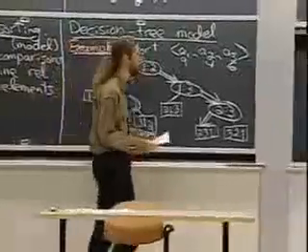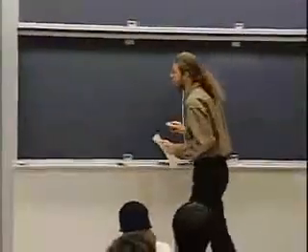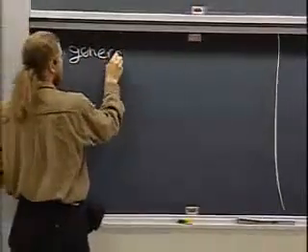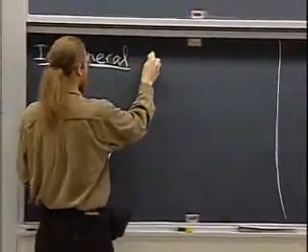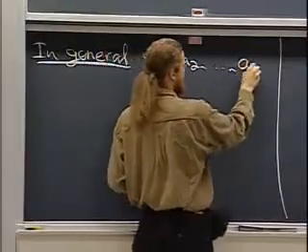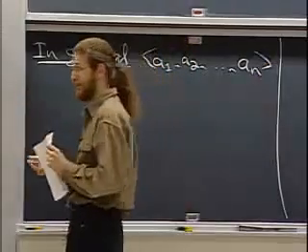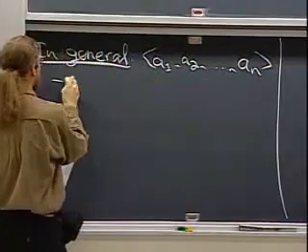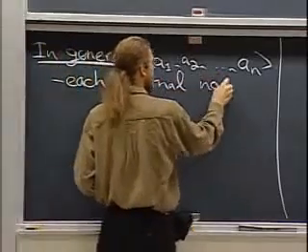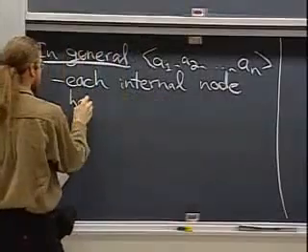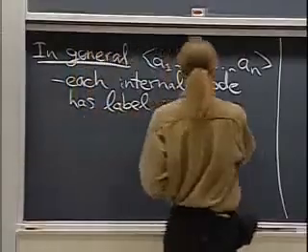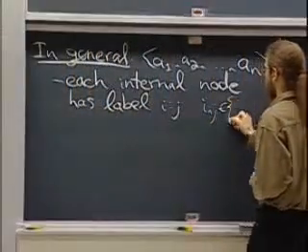So in general, let me just say the rules of this game. So in general, we have n elements we want to sort. I only drew the n equals 3 case because these trees get very big very quickly. Each internal node, so every non-leaf node, has a label of the form i:j, where i and j are between 1 and n.